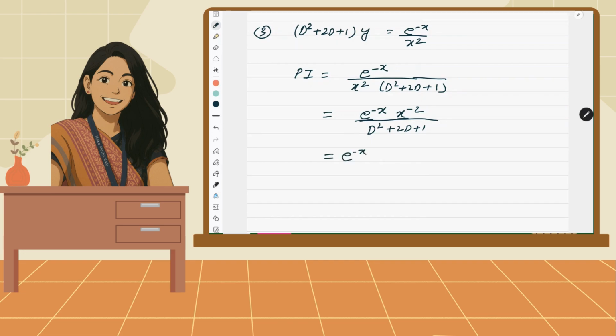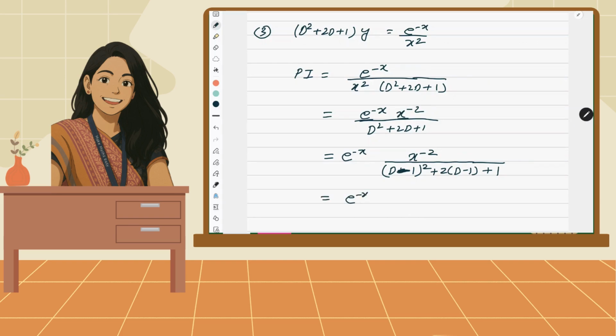e to the power minus x gone out, x to the power minus 2 upon D plus 1, D plus a we put usually, and what is a here? Minus 1. So (D minus 1) square plus 2(D minus 1) plus 1.